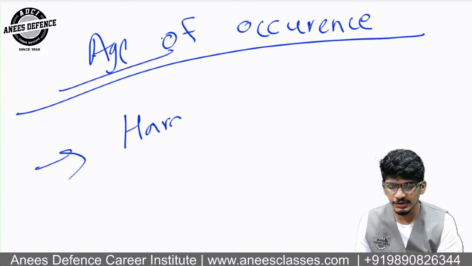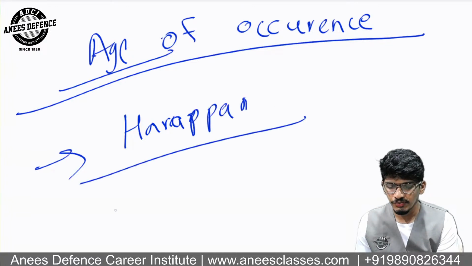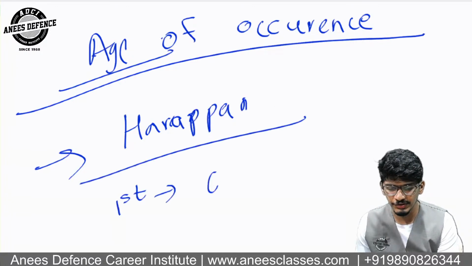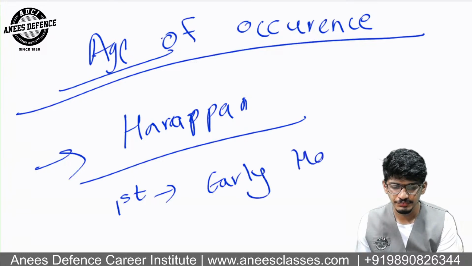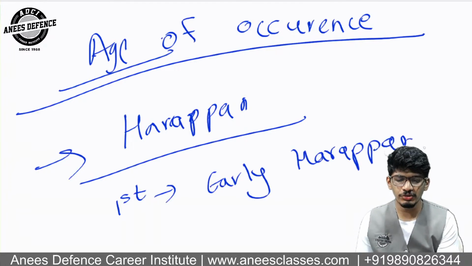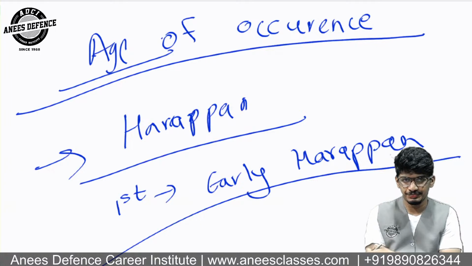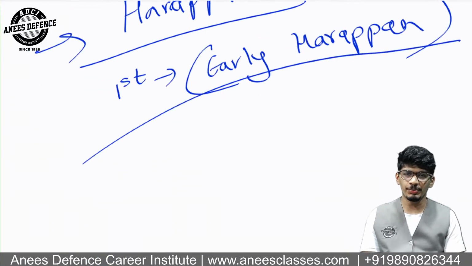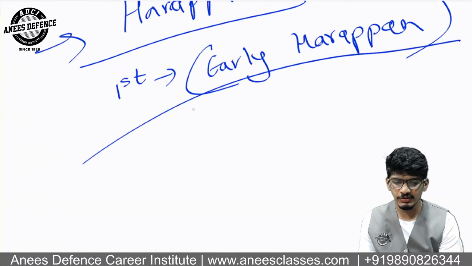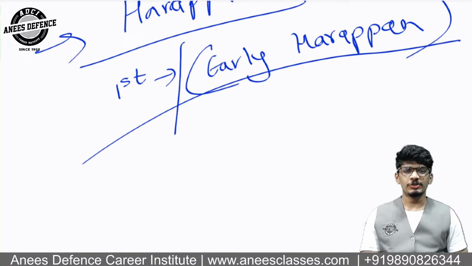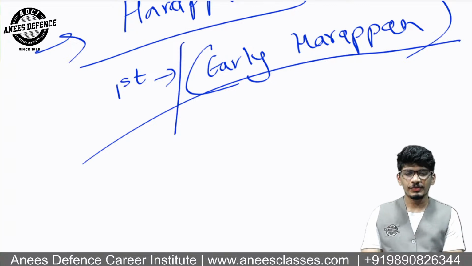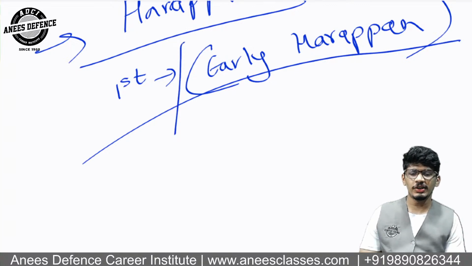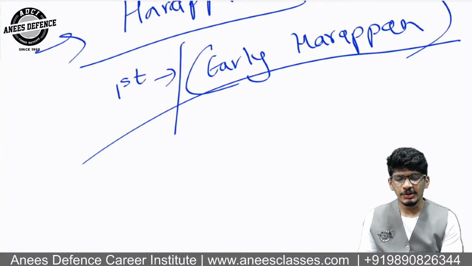Harappan civilization is divided into three phases. First phase is called the early Harappan phase. In some books, you will find this as pre-Harappan, but early Harappan is an appropriate name for this topic, because pre-Harappan means there's a break in the culture, but the mature Harappan phase, which is the phase of cities, was not developed overnight.